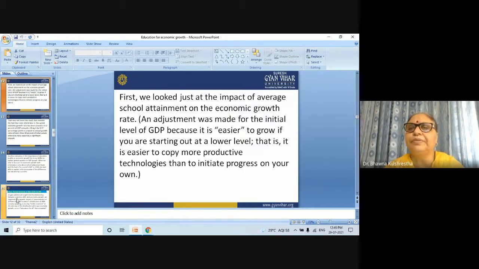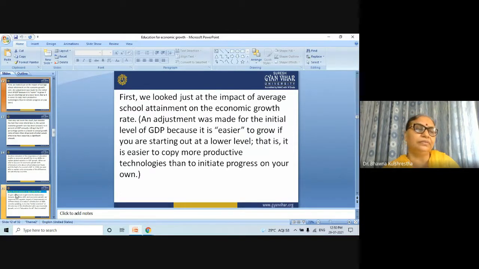Specifically, we found that across the 50 countries, each additional year of average schooling in a country increased the average 40-year growth rate in GDP by about 0.37 percentage point.